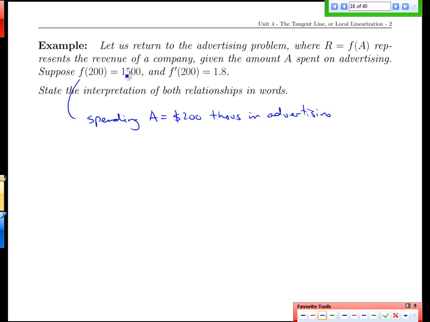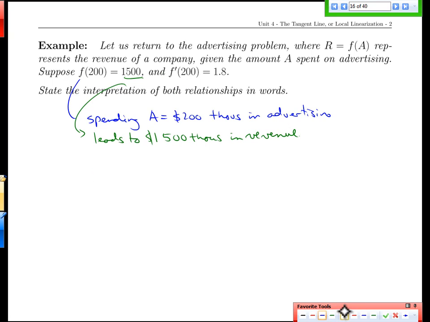That's the input, and it leads to 1,500,000 in revenue. So that's the relationship of a function statement. If I plug in 200, I get 1,500 back. If I spend $200,000 in advertising, I will get 1,500,000 or 1.5 million in revenue.